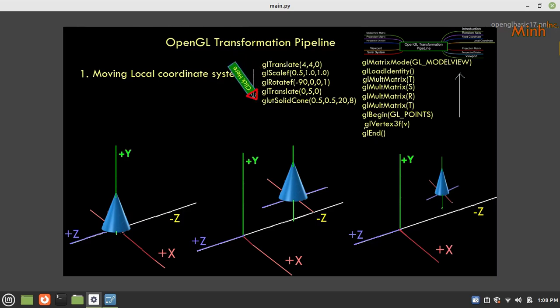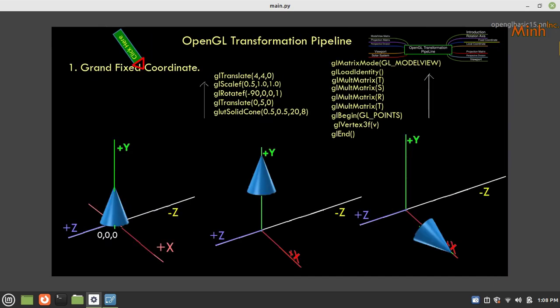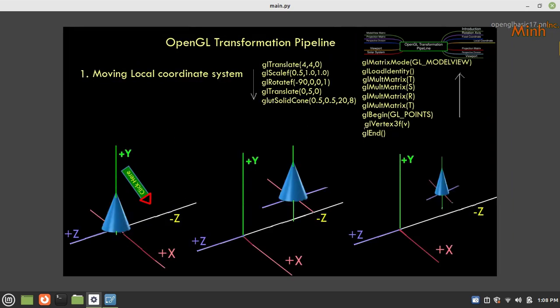This is called moving local coordinate. That was fixed grand coordinate. In the fixed grand coordinate, the actual XYZ coordinate would not change at all. But in the top to bottom approach, we will change the coordinate. Okay, there is no fixed coordinate.